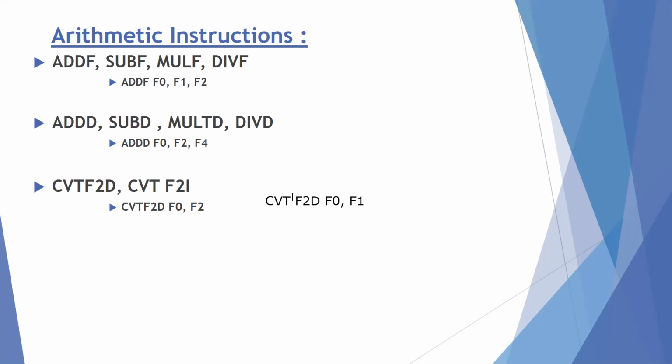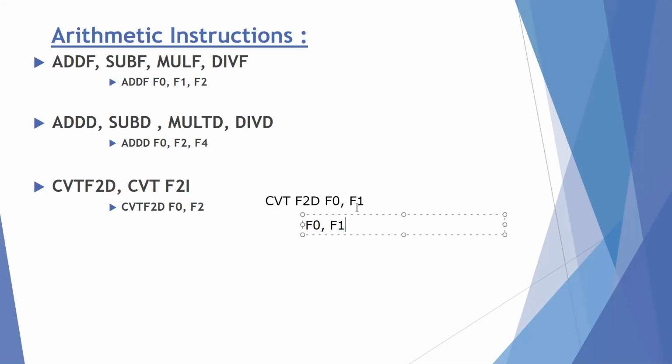This says convert floating to double F0, F1. So floating is actually my single precision floating point register F1, and the D means it has to be converted to a register pair, which is right now F0, F1. It will pick a pair of two registers by default.